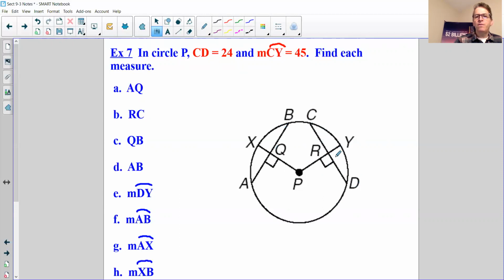So if this is CD, 24, that's going to put this at 12 and this at 12. And the measure of CY is 45, so I'll put that in there too. If that's 45, we can conclude that this is 45.